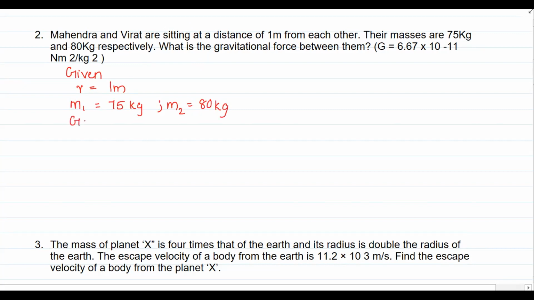G is given, capital G, universal gravitational constant, 6.67 into 10 raised to minus 11 Newton meter square per kilogram square. Here we want to find out gravitational force. So the next step is to find gravitational force.